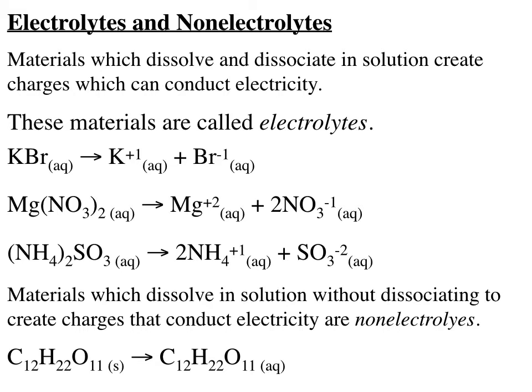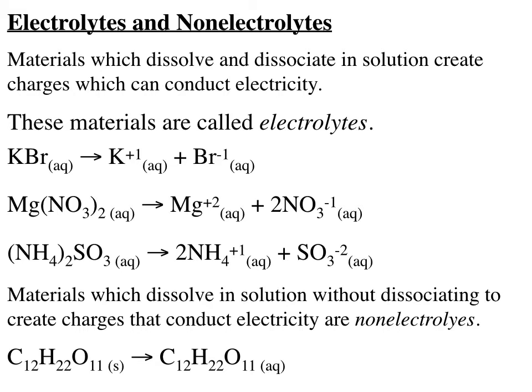On the bottom I just have the dissolving of a non-electrolyte, and that happens to be sucrose in the case that I'm showing at the bottom of the slide. Above, I'm showing the dissociation and actual breaking apart of ionic compounds which form charges. So these are electrolytes when placed in solution.